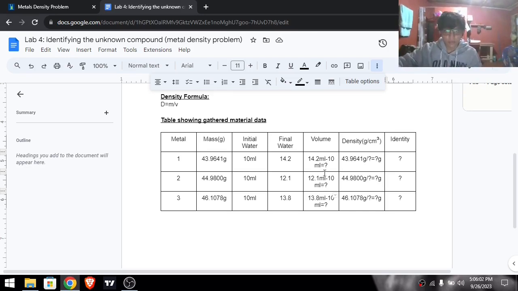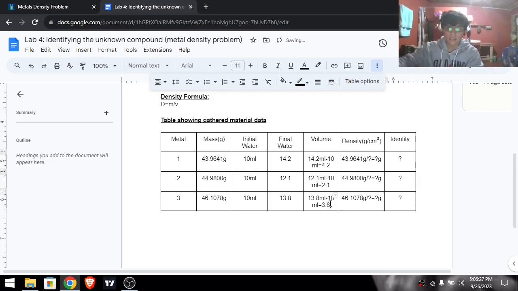That is 4.2. Now for our second unknown metal, 12.1 minus 10. And well, we could just use common sense as well. However, I would like to stay assured. Let's just use common sense for now.